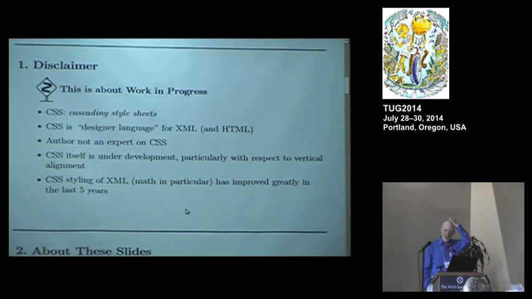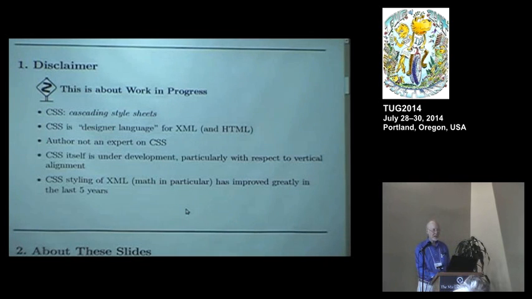CSS stands for Cascading Style Sheets. It's a design language for XML and for HTML. And I'm not an expert on CSS. Maybe somebody in the audience knows more about CSS than I do, in which case I would like to meet any such people.